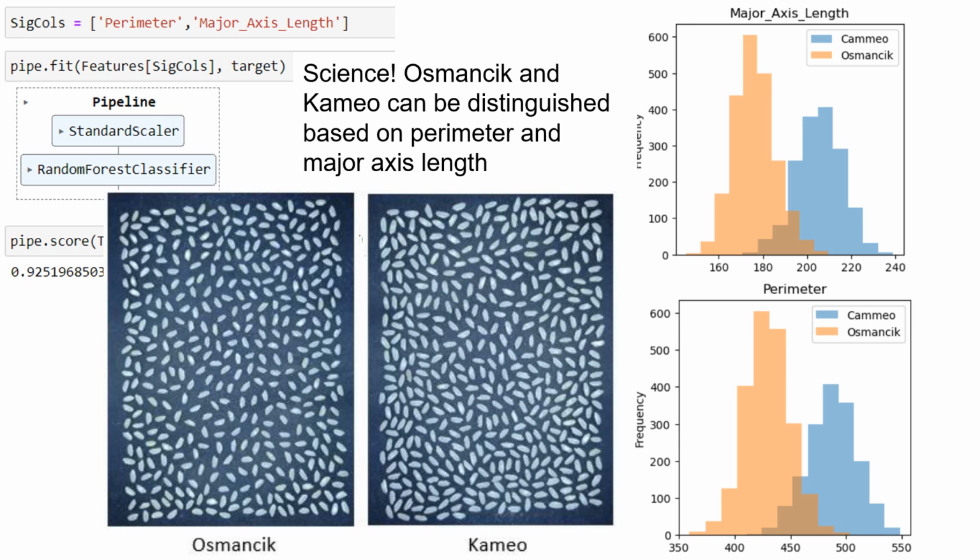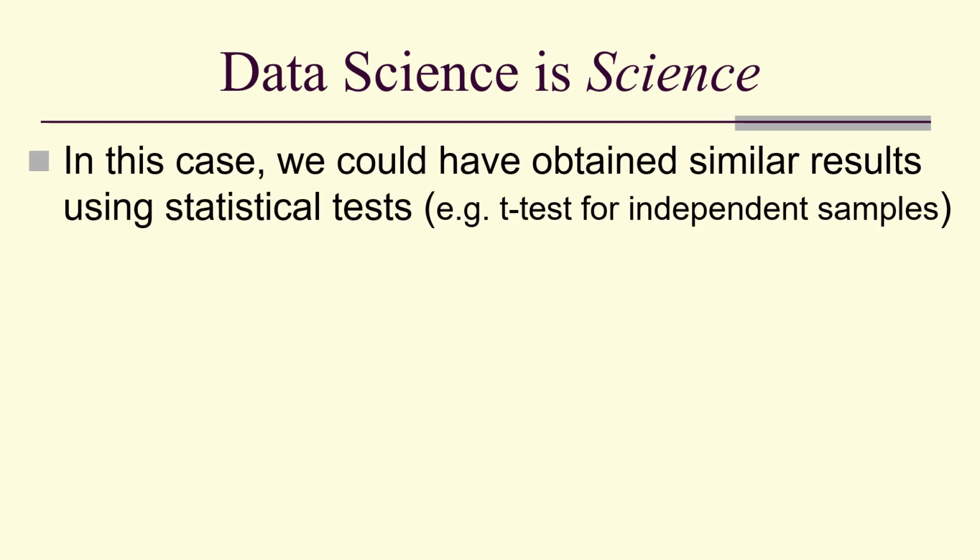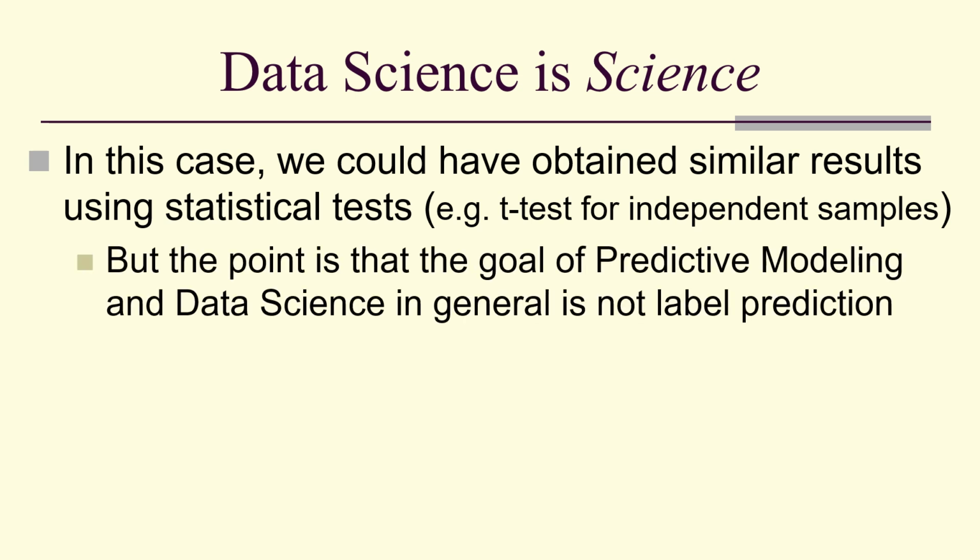Maybe not something you can see just by looking at the picture. That is, data science is science. We could have actually obtained these results or similar to them using statistical tests like a t-test, for example. But the point is that the goal of predictive modeling in data science is not label prediction or just simple regression.